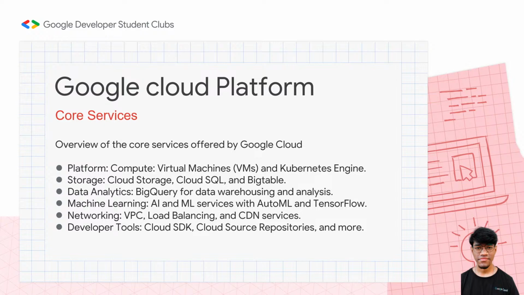Data analytics is also a big part, which the cloud provides, such as BigQuery for data warehousing and analysis of that data. AIML, AutoML, and TensorFlow, which are a part of machine learning, are also a part of GCP, which helps us work on data and improve our day-to-day tasks.